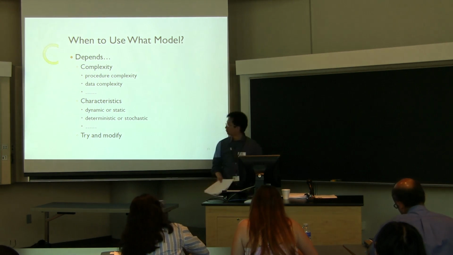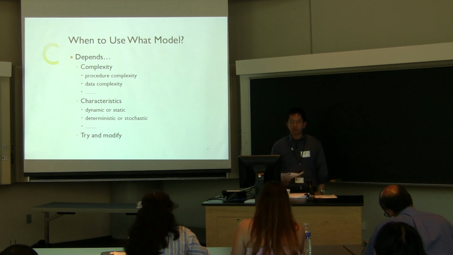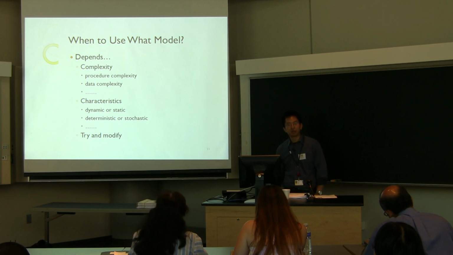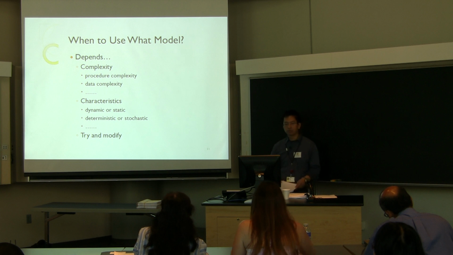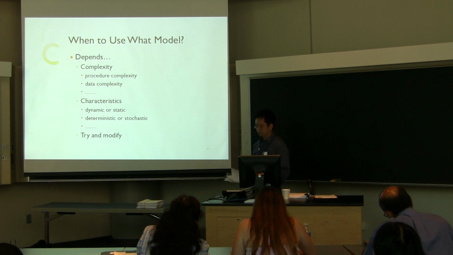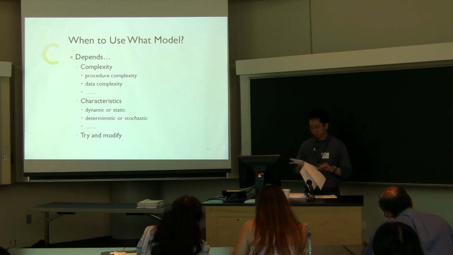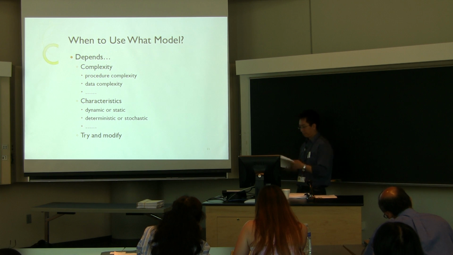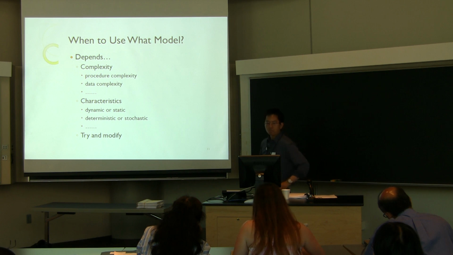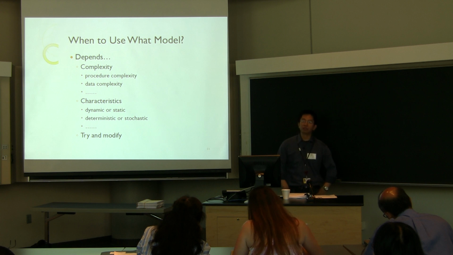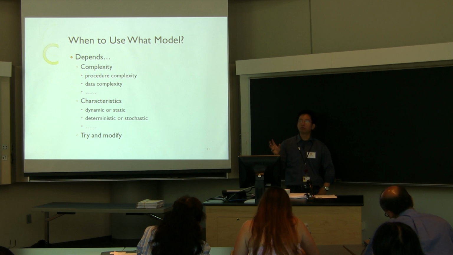You also need to consider the characteristics of the problem. For example, if it's a dynamic problem, then you have to use a dynamic model. If it's a static problem, then you just use a simple static model. I think there's a good example: when people do gene regulatory network modeling, the gene expression is a dynamic pattern.